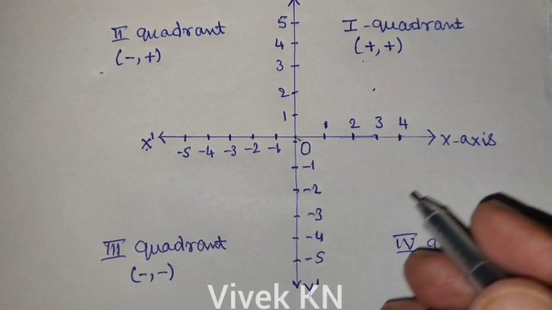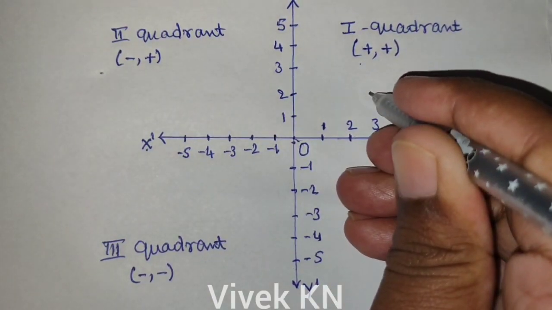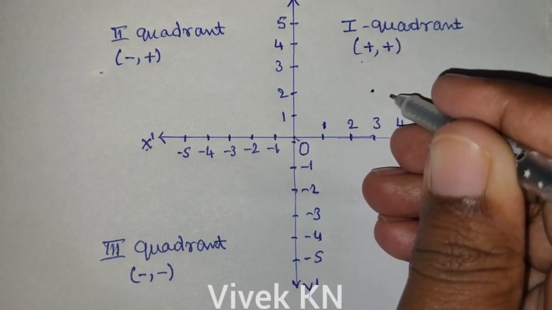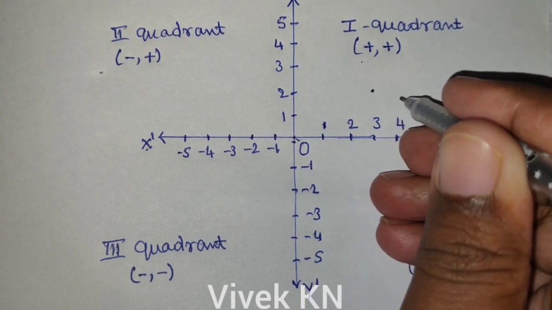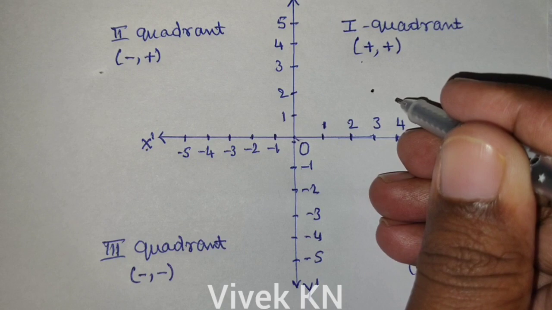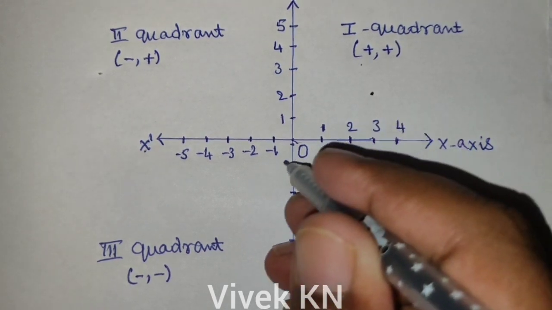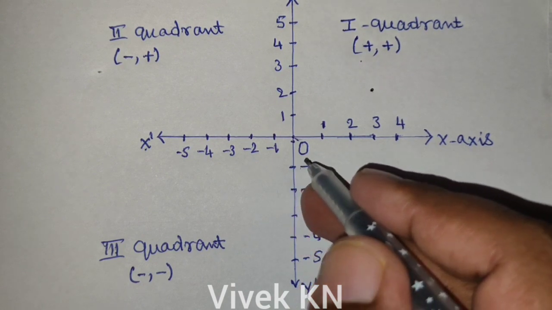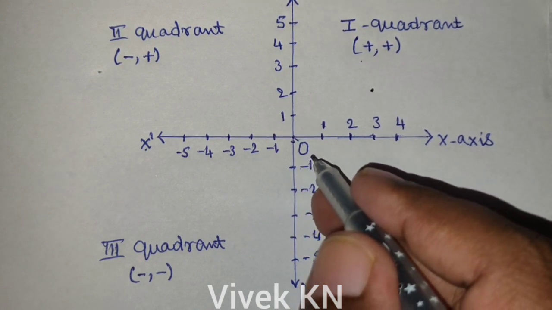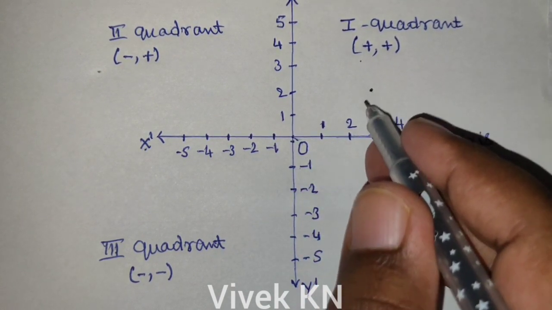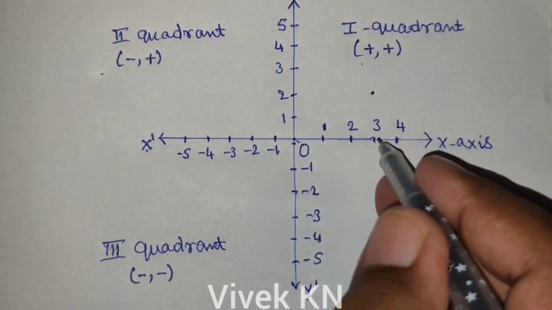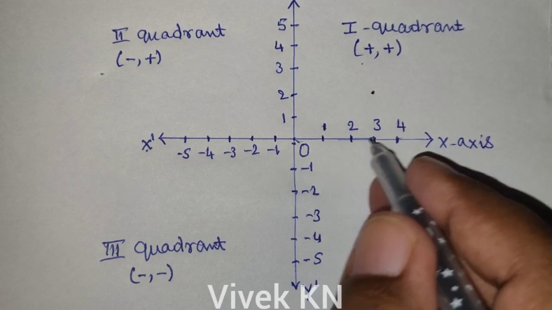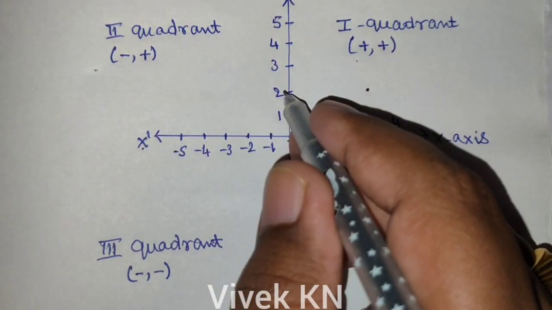For example, here is a point and I want the location of this point. For finding the location we require a reference. So we will take references of the x-axis and y-axis. We can see that this point is covering 3 units on the x-axis and 2 units on the y-axis.